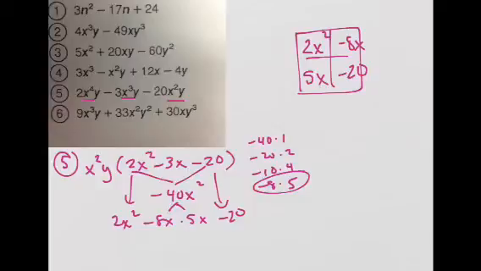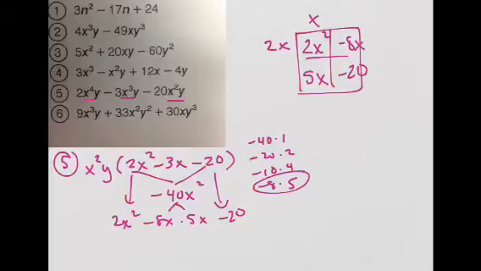So number 5, we have, let's see, I was setting up the 2 by 2. And so the greatest common factor up here is 2x. Then something times 2x has to give you 2x squared, so that would be x.